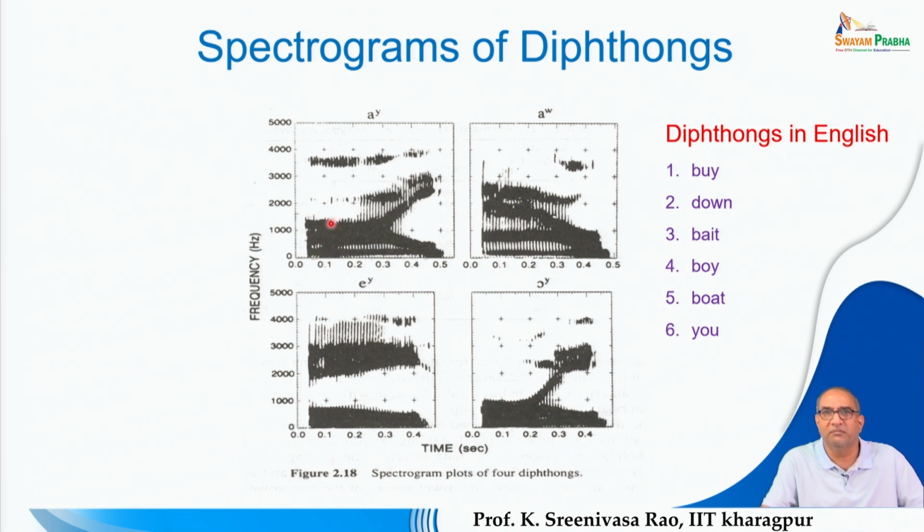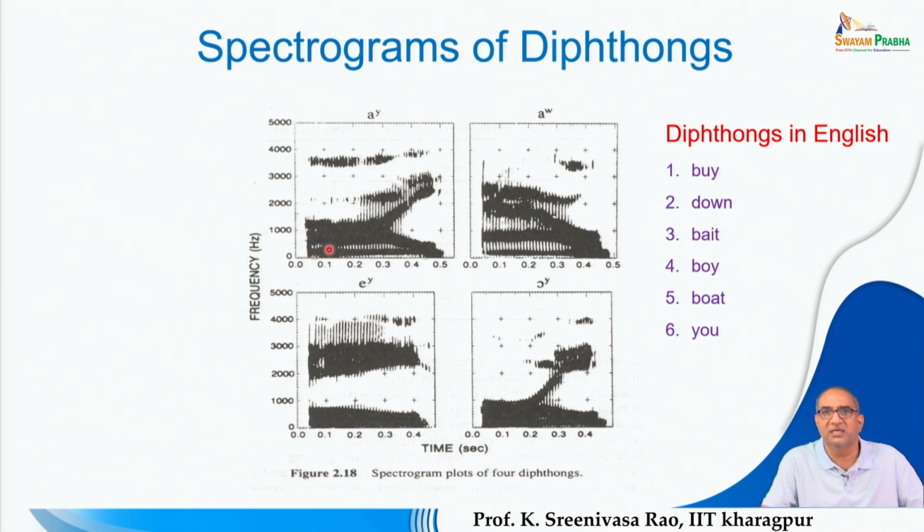As it tries to reach E, the formant structure of A is not clearly observed, not as clearly as in a steady vowel A, right.